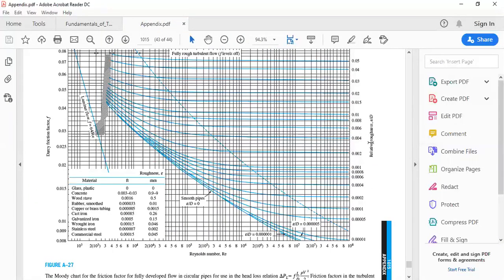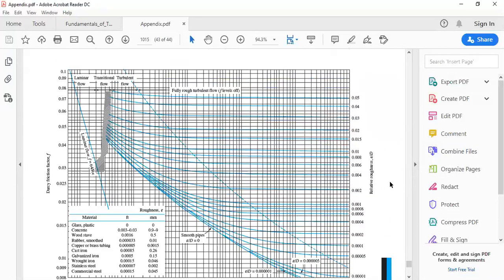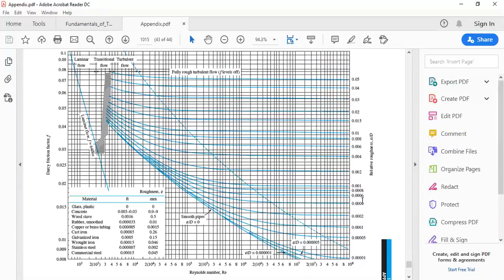Okay, here. So we said that the relative roughness equals approximately 4.2 times 10 to the power minus 5. This is 1 times 10 to the power minus 5, or 1 times 10 to the power minus 4, and so we are somewhere here. And we are at 1.3 times 10 to the power 5.